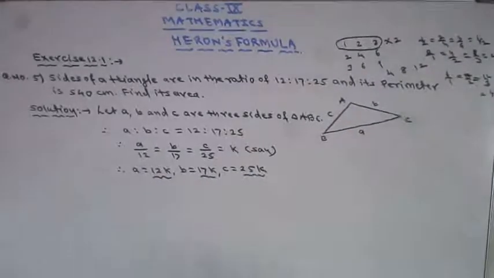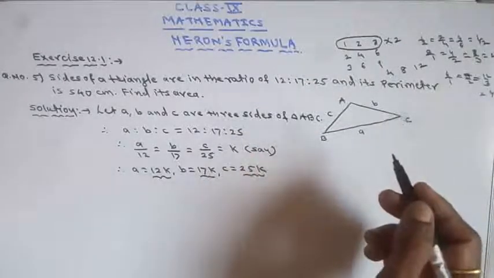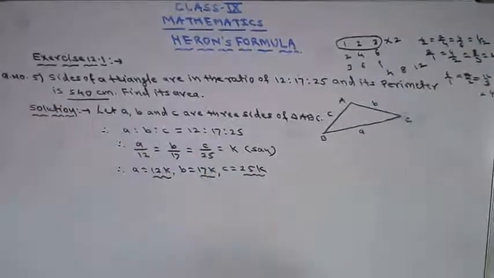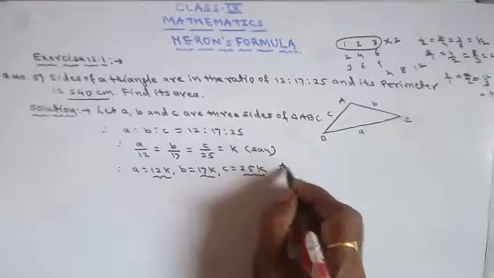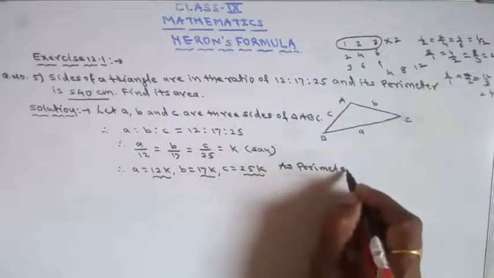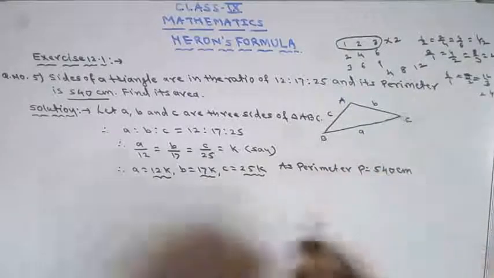So now I have to find what k is, but the perimeter of these three sides is given, that is 540 centimeter. Perimeter P equals 540 centimeter.